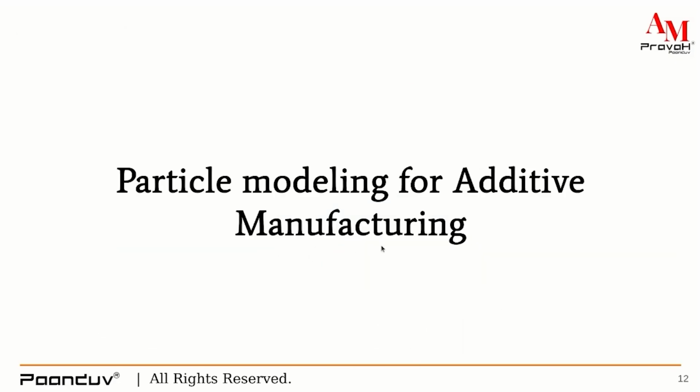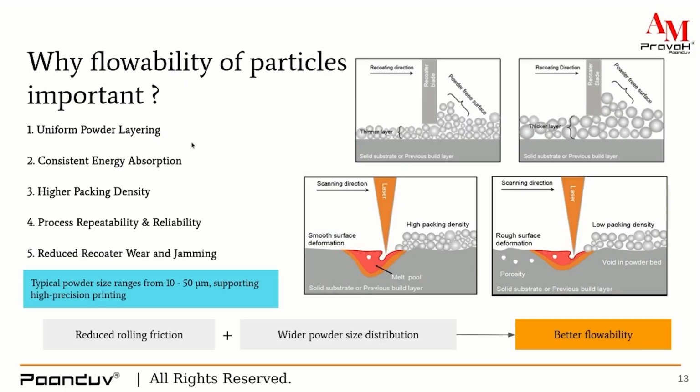The particle modeling for additive manufacturing includes a lot of important aspects. Now, the important portion is why particle flowability is important. We want a uniform powder layering at the end of the day because we want uniform energy absorption in these processes. With high packing density of these particles, this can be achieved.